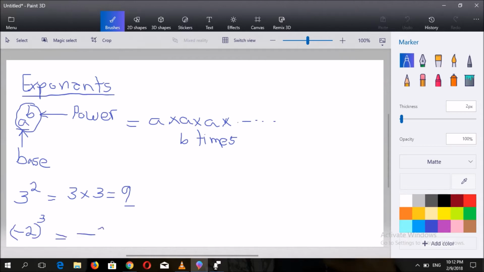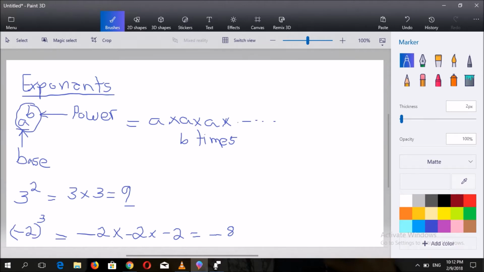So how can we calculate the value of this exponent? According to the definition, I am going to multiply minus 2, which is the base of the exponent, by itself 3 times. So this will give us the value of what? Minus 2 multiplied by minus 2 will give us 4. 4 multiplied by minus 2 is going to give us minus 8. So this is how we calculate the value of a mathematical exponent.